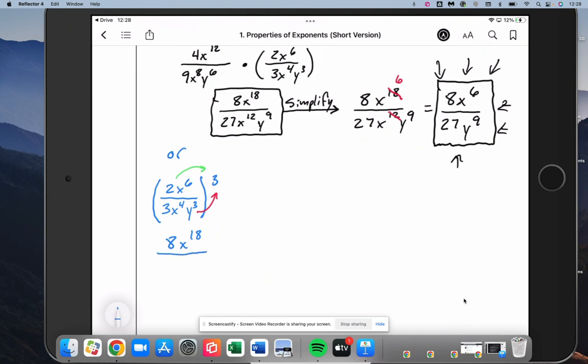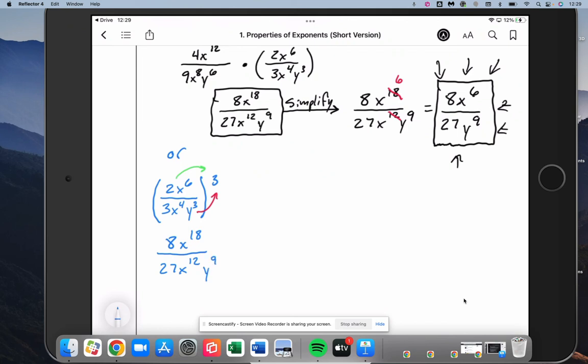In the denominator, then, we would have 3 to the power of 3 is 27. X to the fourth to the power of 3, so 3 fours, 4 times 3 makes 12. Y to the power of 3 to the power of 3, 3 times 3 makes 9.